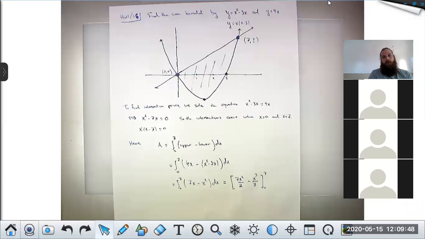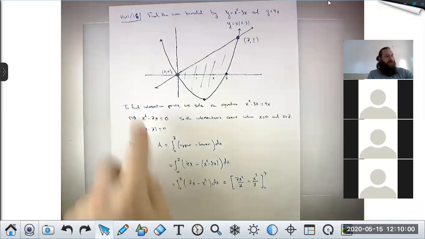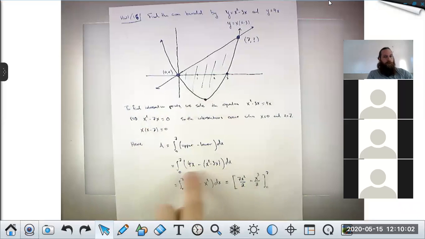Imagine that somebody is going to read your work and that person hasn't been to our class. You want that person, as long as they're a reasonably sharp person that has the background that you all have, to be able to follow it. So if we went straight from here to this integral, would somebody who hasn't been to our class be able to understand why? That's the level of detail I would encourage you to write in your solutions: enough so that someone who hasn't done this problem knows where everything is coming from.